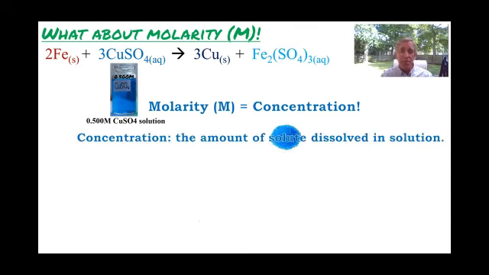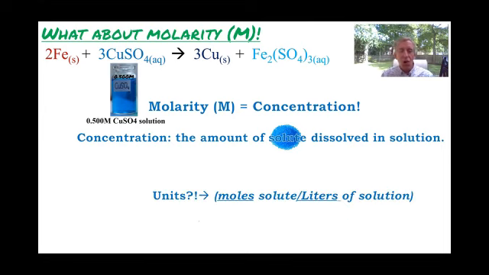It has very specific units, which is the amount of solute, meaning the actual copper sulfate. As you can see, that's solid copper sulfate, those little blue crystals, dissolved in solution. So the units are going to be moles of solute, the copper sulfate, per liter of solution. Here's my little blue copper sulfate, mole per liter of solution. Moles per liter.